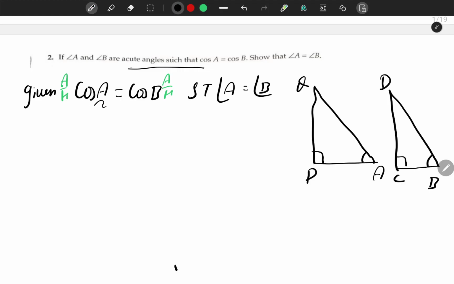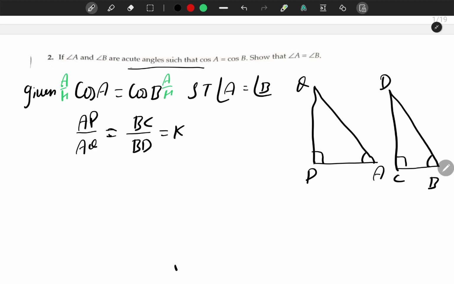So by that we can say cos A means adjacent AP by AQ, as well as cos B means BC by BD. Okay.